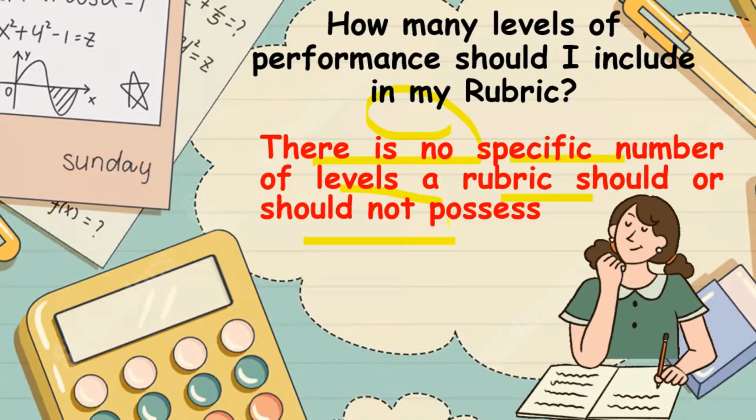Making distinctions in student performance across two or three broad categories is difficult enough. As the number of levels increases and those judgments become finer and finer, the likelihood of error increases. Thus, it is better to start small.